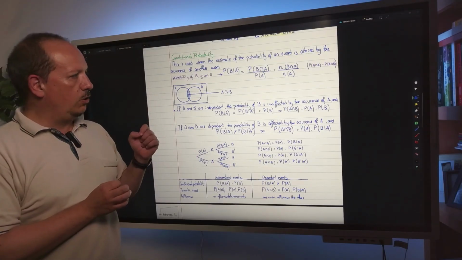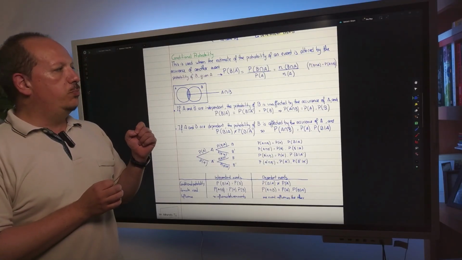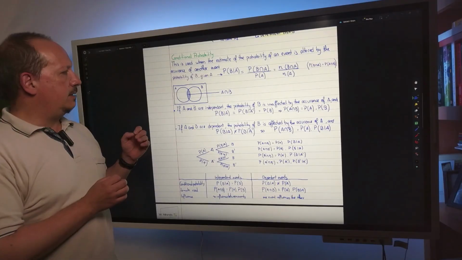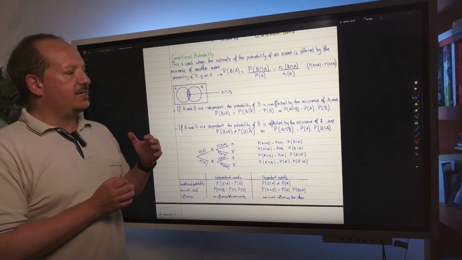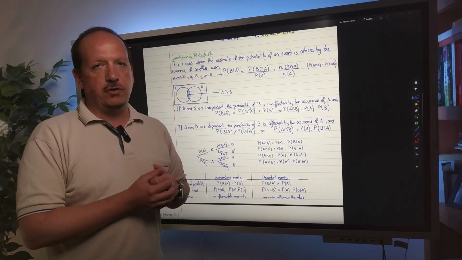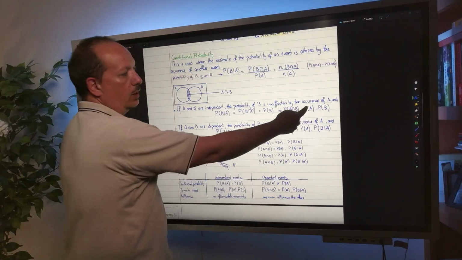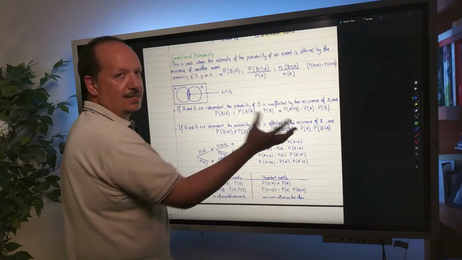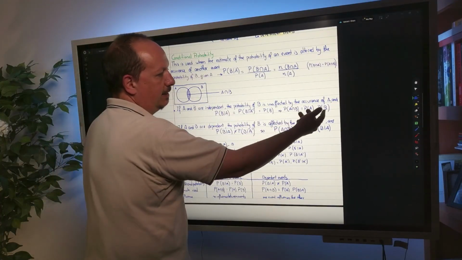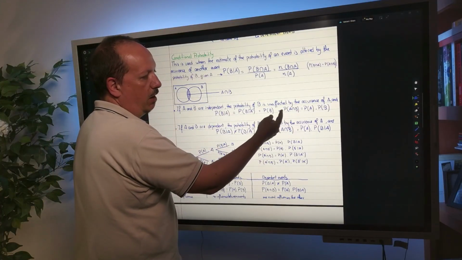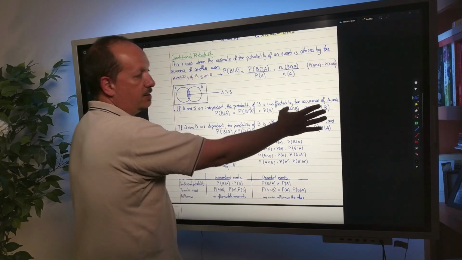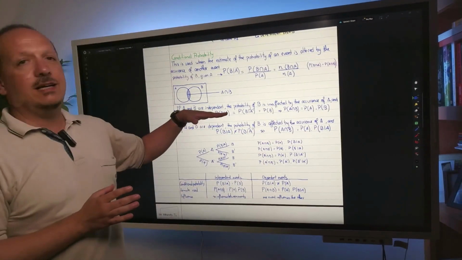Just one note: if you are asked to prove that an event is dependent or independent of some other event, you just have to follow this. If you calculate the probability of the two events separately, and this equals the probability of the combined events, then you prove that they are independent.